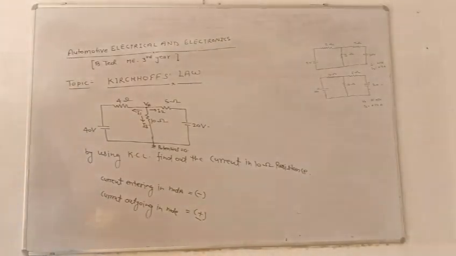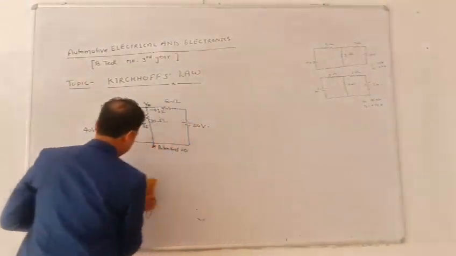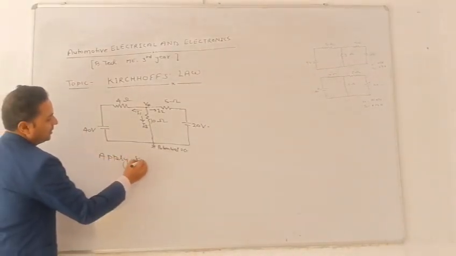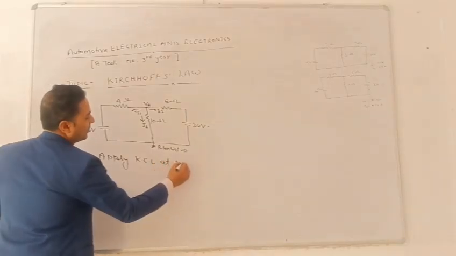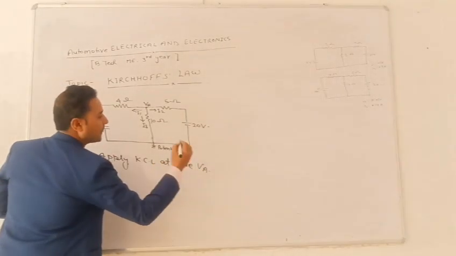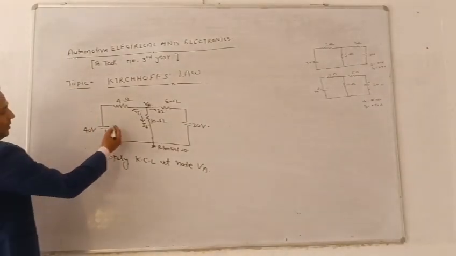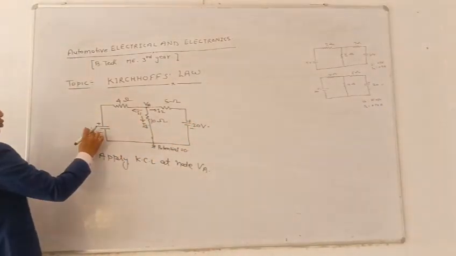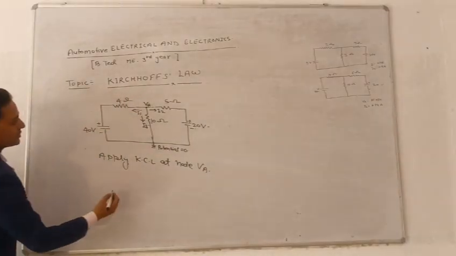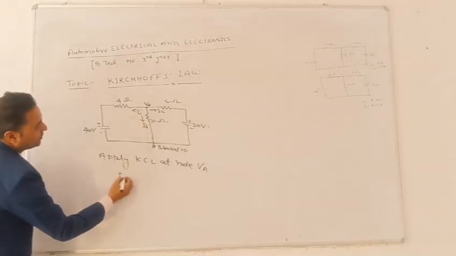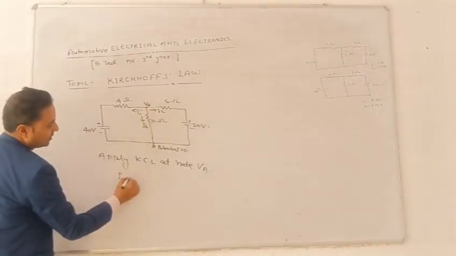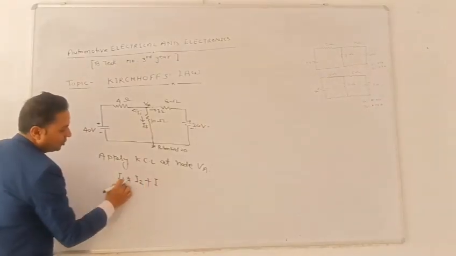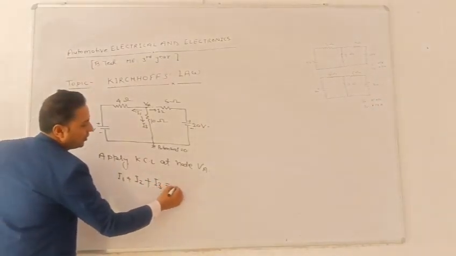So we apply KCL at node VA here. I1 is outgoing current plus I2 outgoing current plus I3 also outgoing current, so these three positive signs are equal to 0.